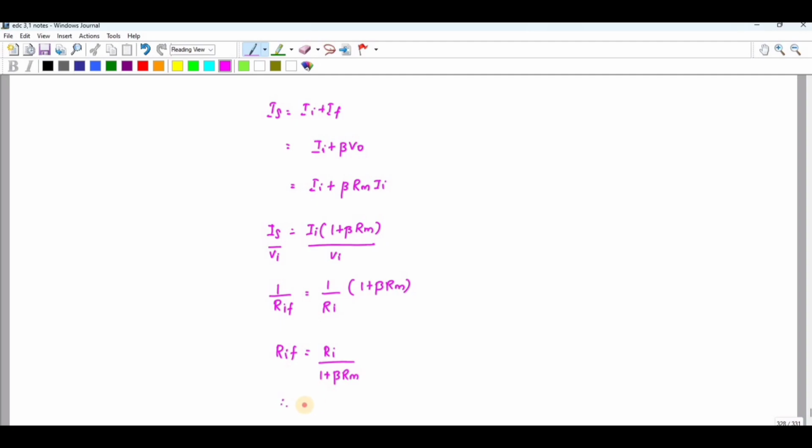Therefore my input impedance with negative feedback is decreased by the factor of 1 plus beta Rm. So this is about my input impedance.